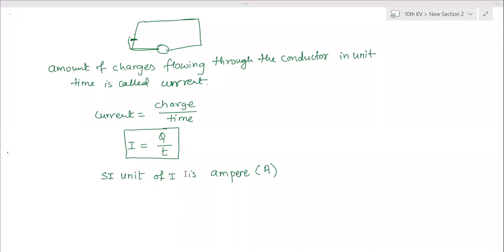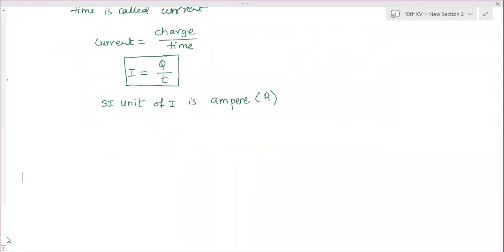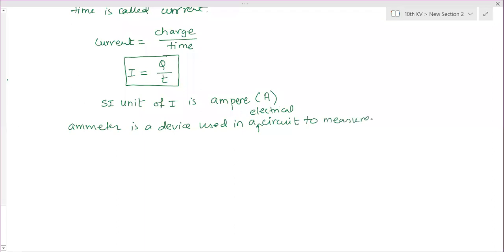Now, to measure the current in the circuit, there is a device used. That device is called an ammeter. An ammeter is a device used in an electrical circuit to measure current.